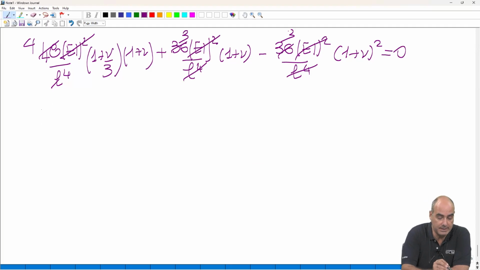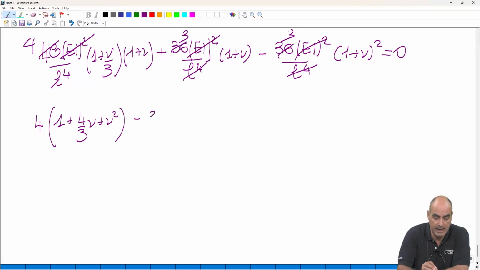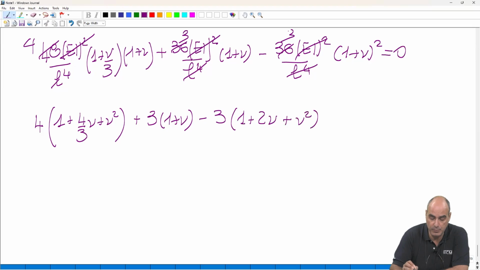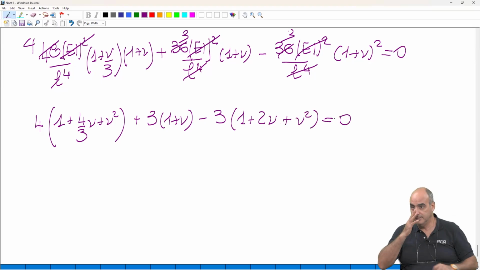So what do you get here? You get 4, which multiplies this, which is 1 plus 4/3 of n plus n squared, plus 3(1 plus n), minus 3(1 plus 2n plus n squared), equal to 0.